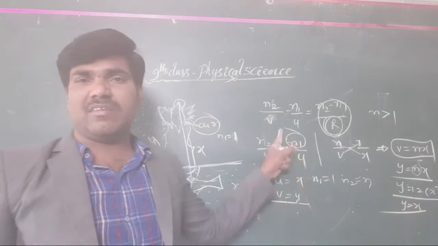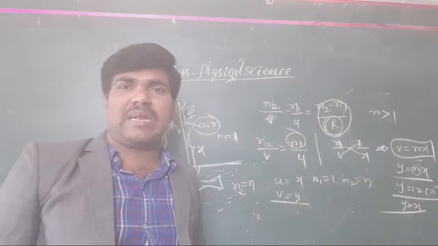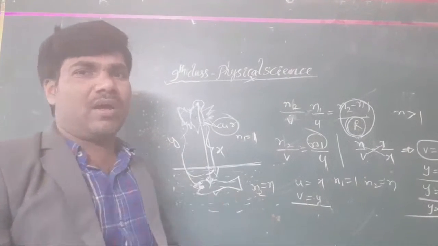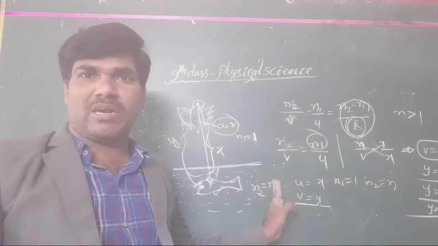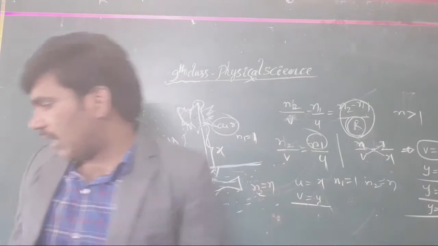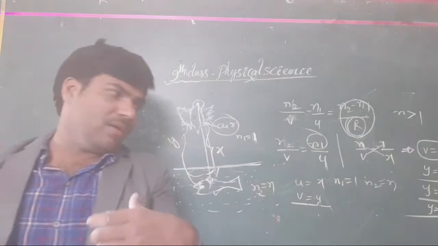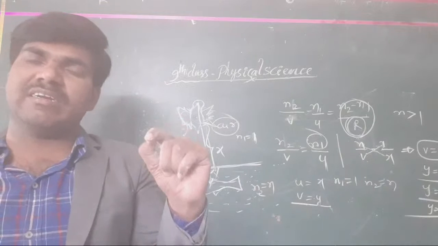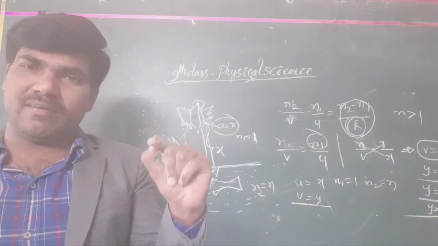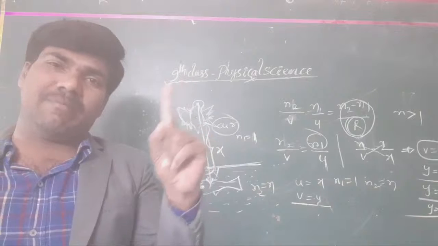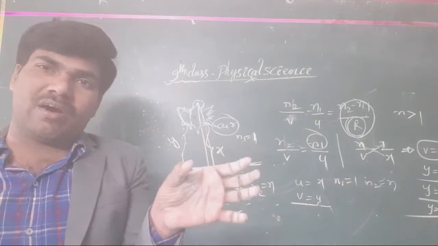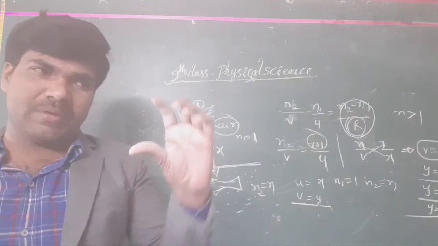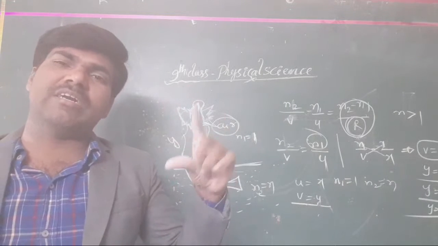This formula you get in our 10th class. Clear or not, all the students? Don't get confused about that formula, but it was understood at that time only. Otherwise, you observe that whatever the distance is, when you take a coin or any substance inside the water and observe it, it appears closer.